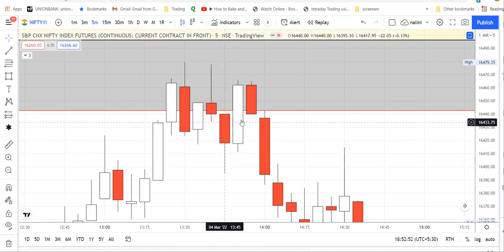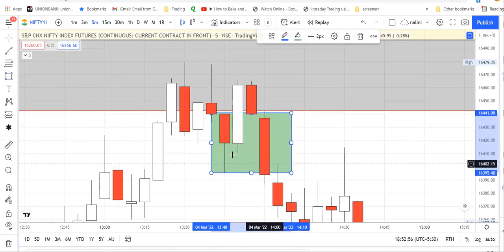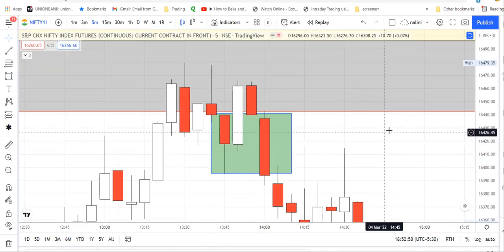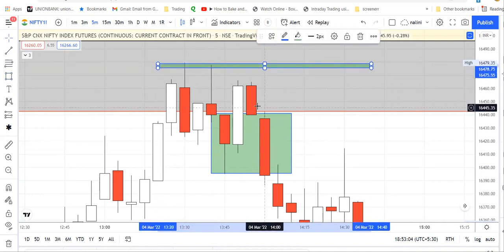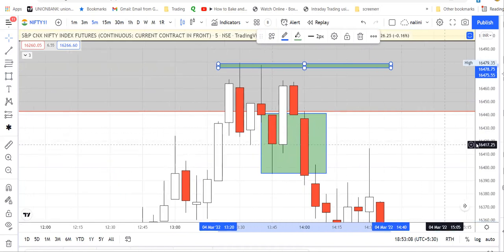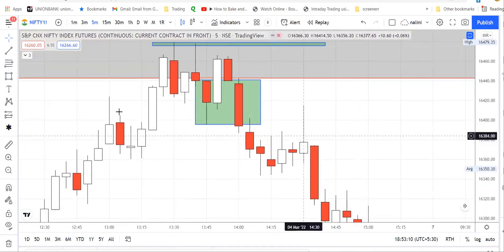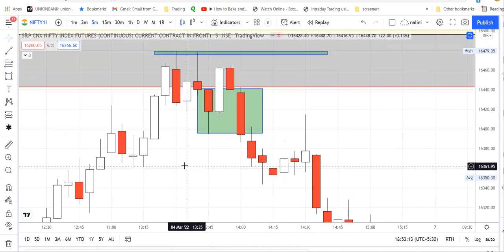This candle is very, very important. Once this candle is formed, wait for the price action, mark the high, mark this zone, and see the price action. When the price doesn't go past this level, then go short. You can even go short in the Nifty futures.